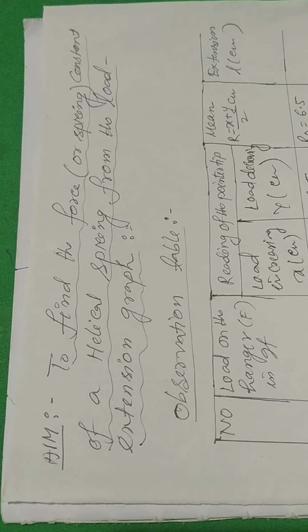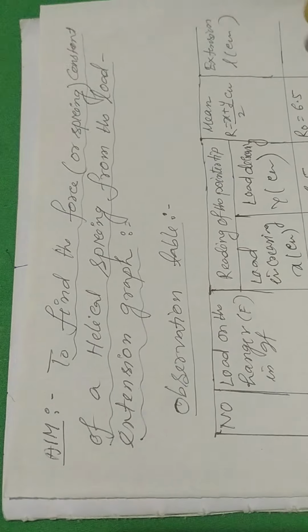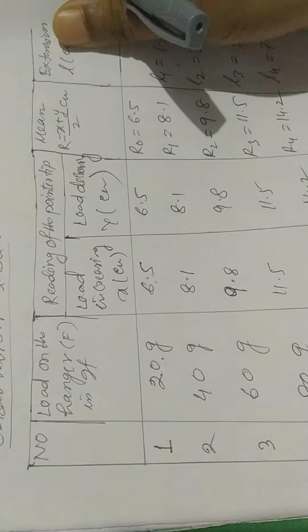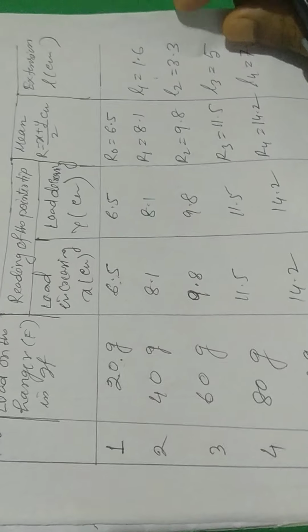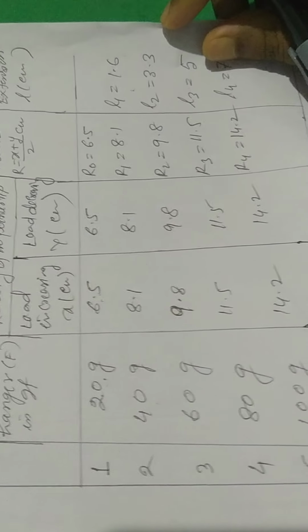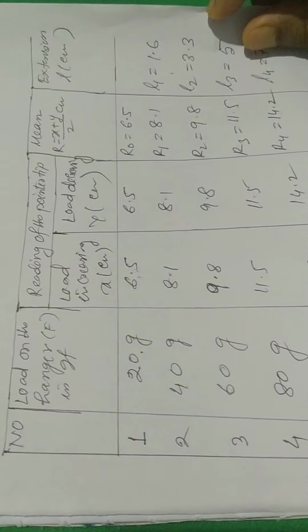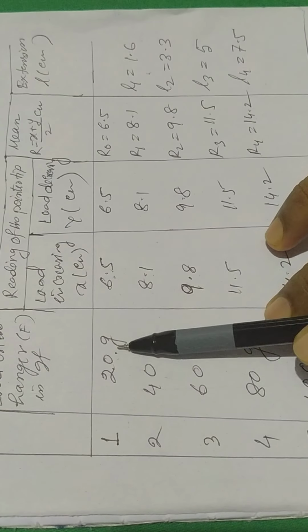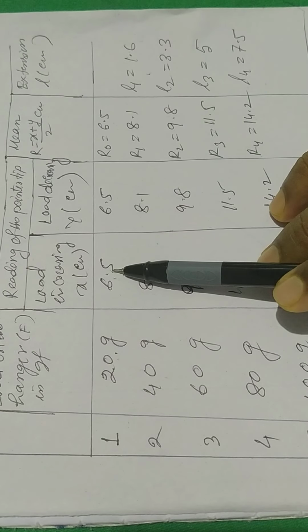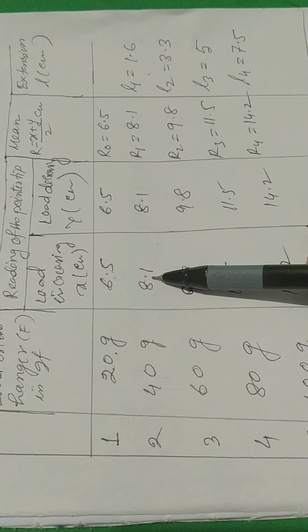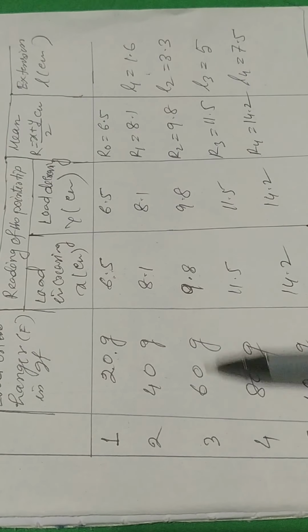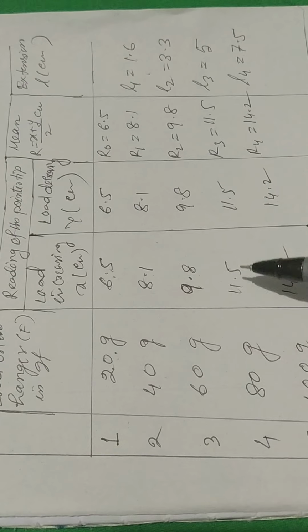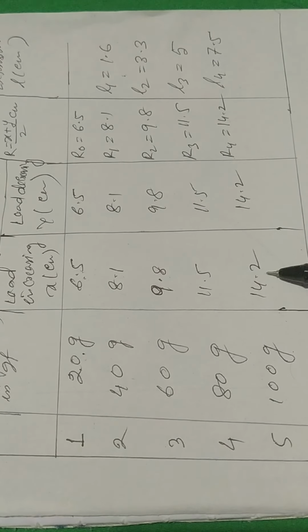So you see the table. Some probable values are given here. When a 20 gram load is attached, the extension is 6.5. For 40 gram, the extension is 8.1. 60 gram, 9.8. 80 gram, 11.5. 100 gram, 14.2.